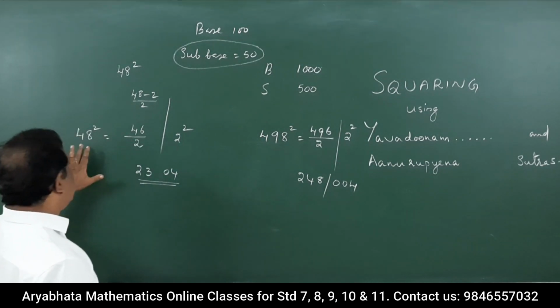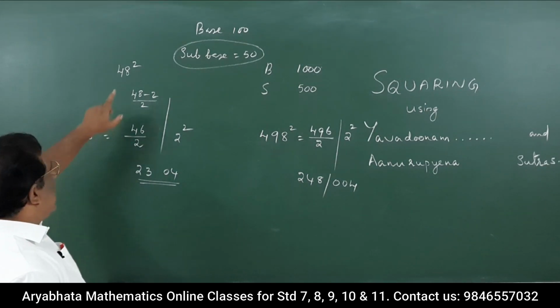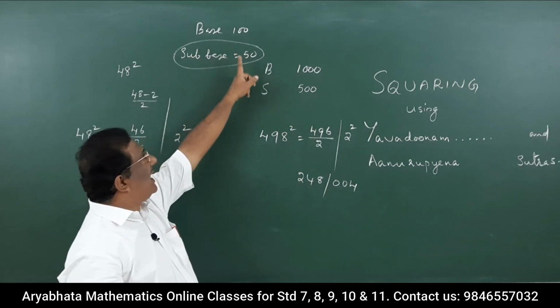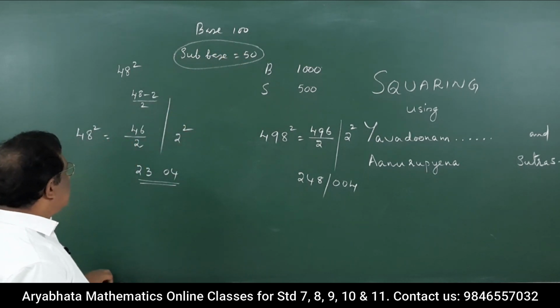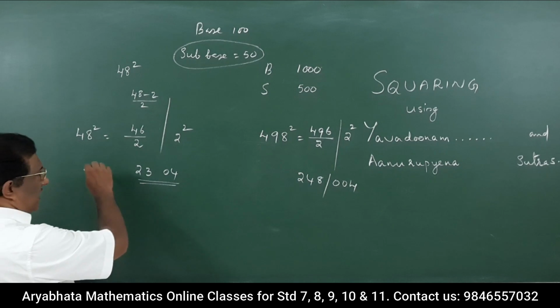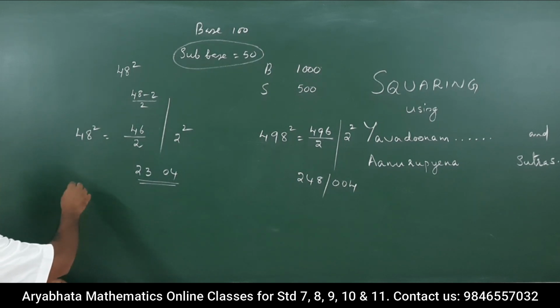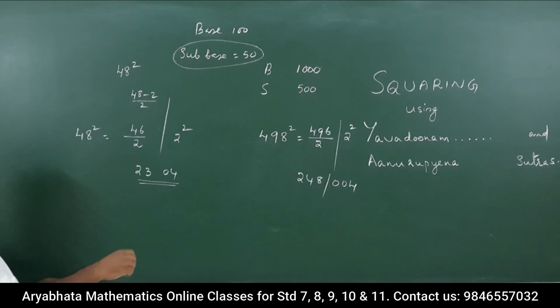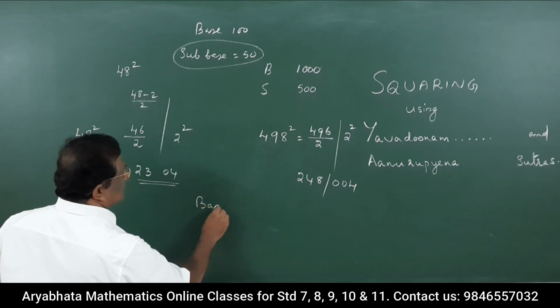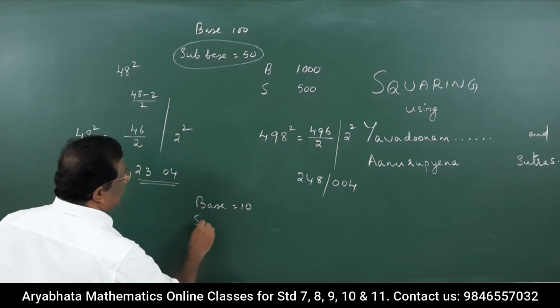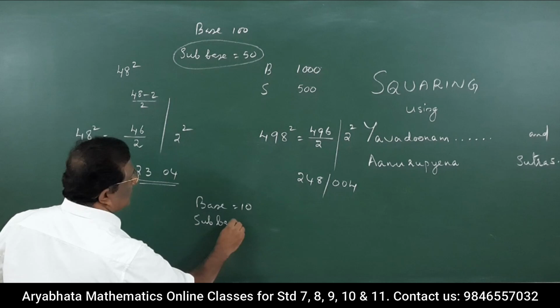So to do this problem, I took base as 100 and sub base as 50. The same problem you can complete by taking 10 as base. You can take base number as 10 and sub base 50.